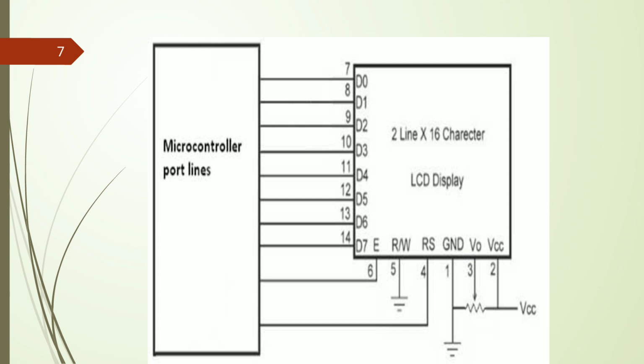Generally, in most cases, we write the contents, that is the message, on the LCD. So in most cases we make RW equal to 0 or simply connect it to the ground. The last pin is the control pin, that is E or EN, enabling the LCD with the microcontroller.